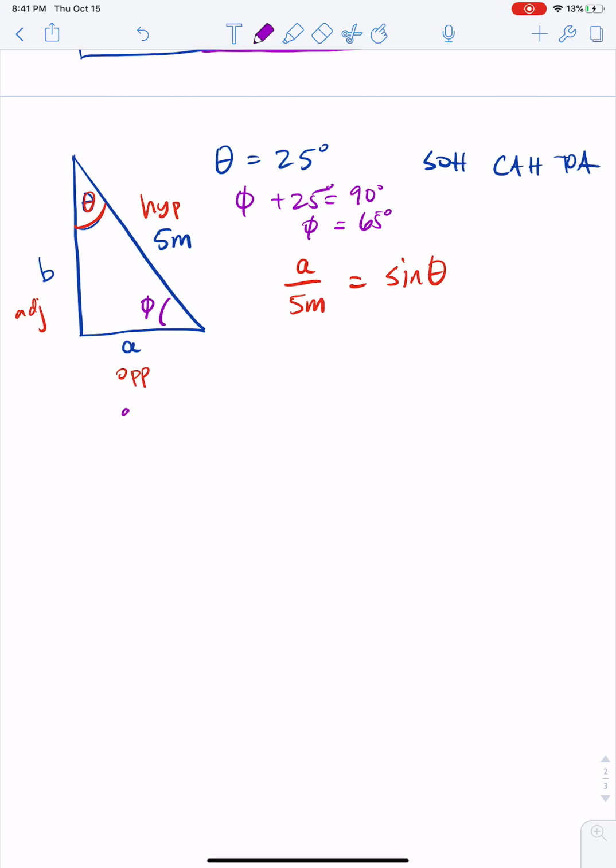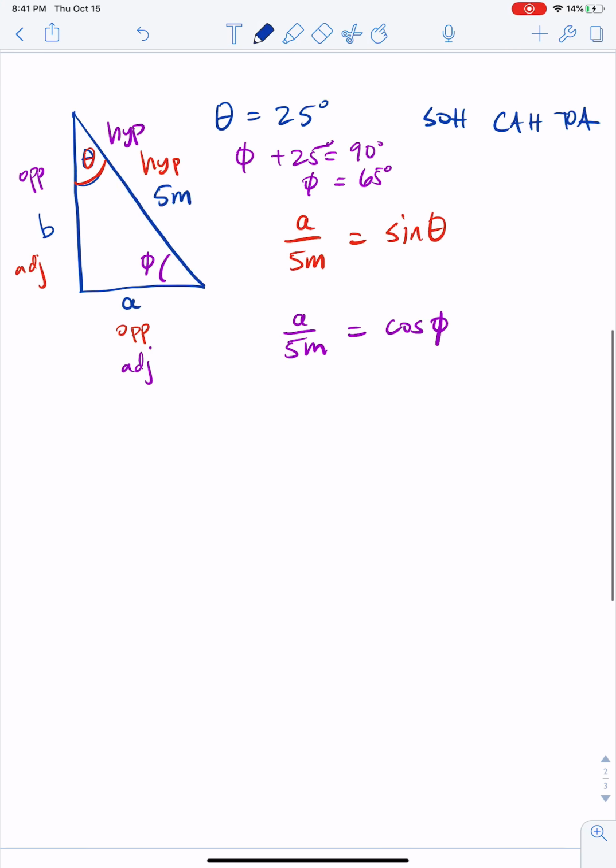So my adjacent side is now the one next to my angle. My opposite side is now this one, and my hypotenuse is now this one. So now if I want to find A, I'll find that A over 5 meters is cosine of phi. So either of those are just as good for finding that side, okay?